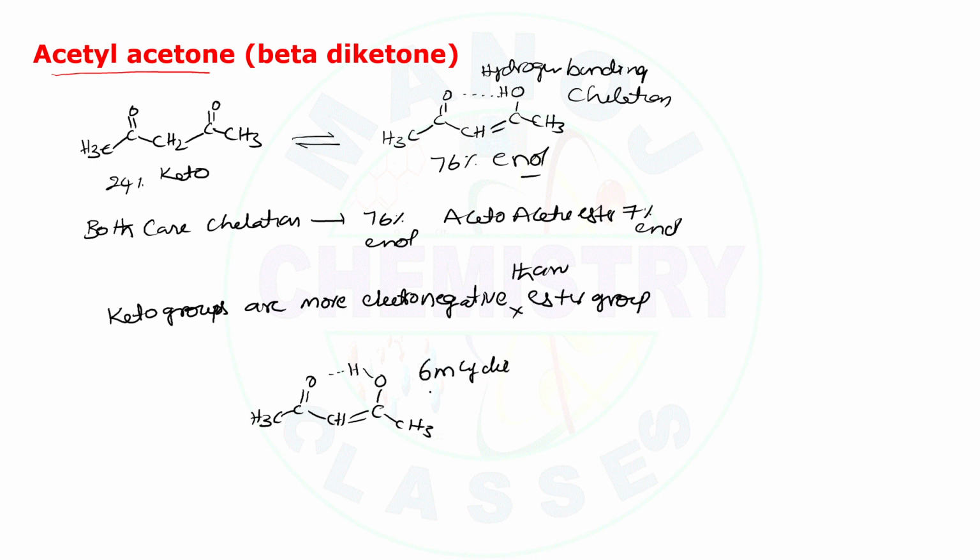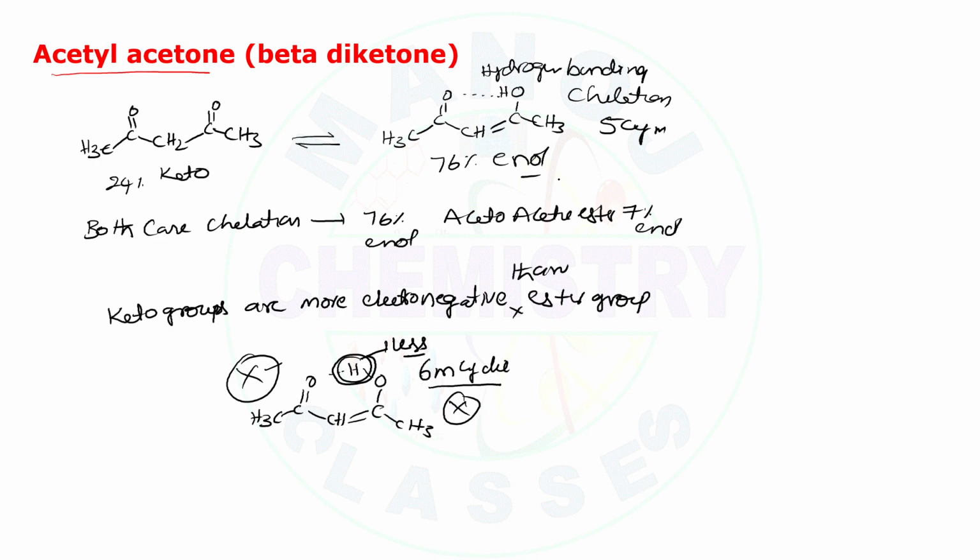We discussed that according to Baeyer's theory, a 6-membered ring is more stable than a 5-membered ring. But even though it is more stable, that structure does not exist here, because the size of the hydrogen atom is very small compared to the rest, so a 6-membered cyclic ring is not possible.